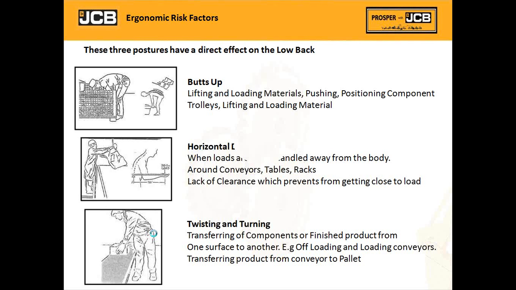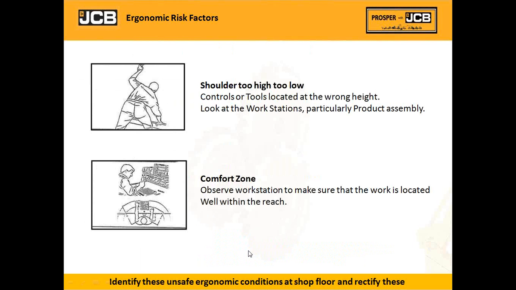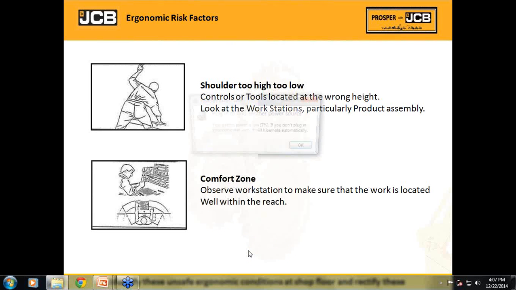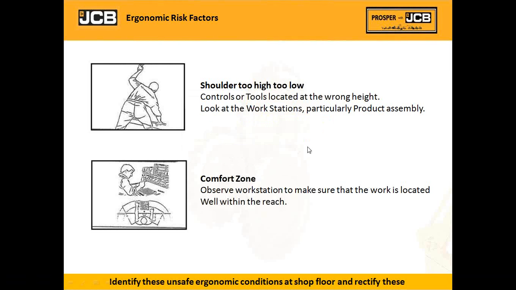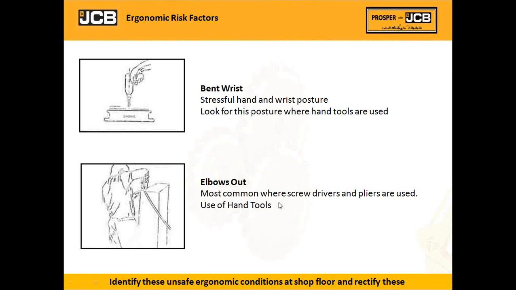The comfort zone when you are working, the assembly stations, they have to be well within the reach of your hand, and you have to identify such conditions to rectify. Again, we talked about the bent wrist, hand postures, elbows out. Again, this is a stressful posture.